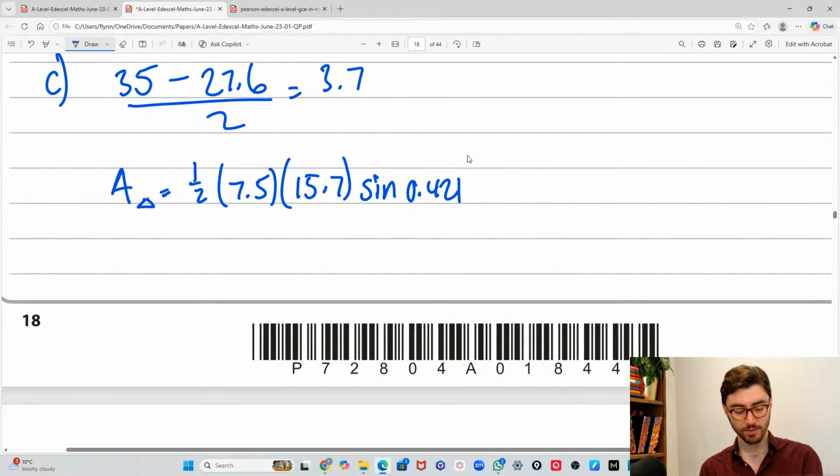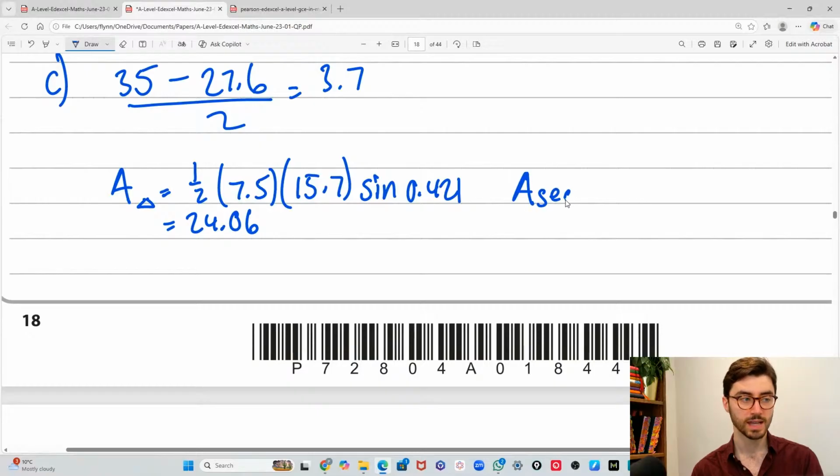So a half of that times sine of, well, got to make sure I am in radians. Probably should have shown you this. I'll show it in the checking. Is 24.06 for each of the triangles.